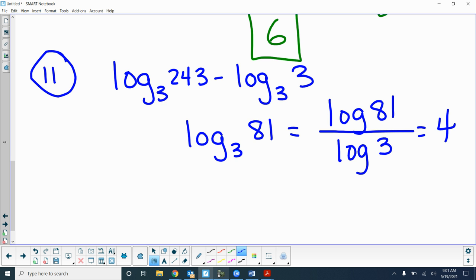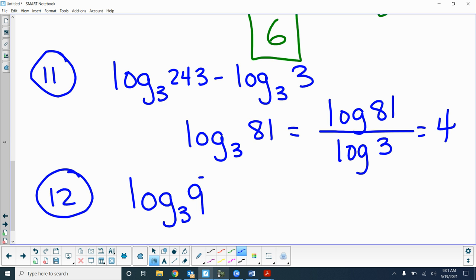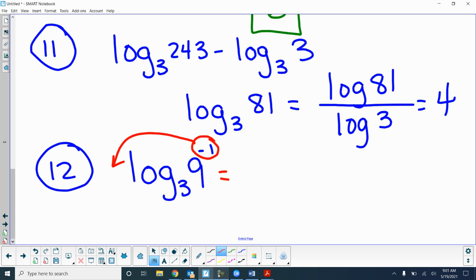Number 12. When you have an exponent in your log, the negative 1 is our exponent. It says express as a product. What can you do with that exponent? You take it to the front and multiply. So that equals negative 1 times the log base 3 of 9.